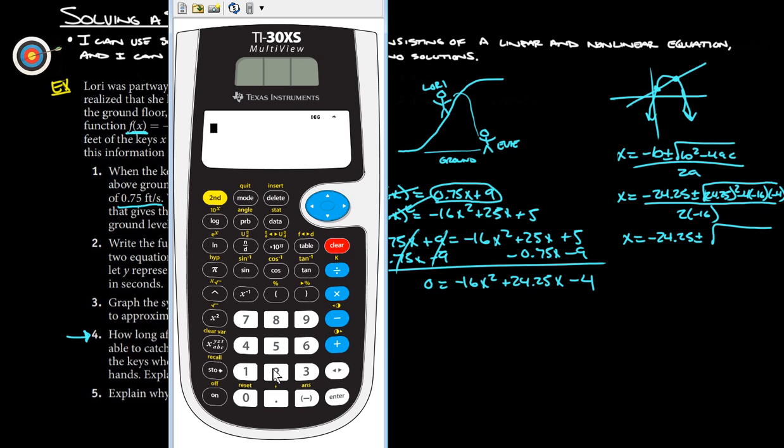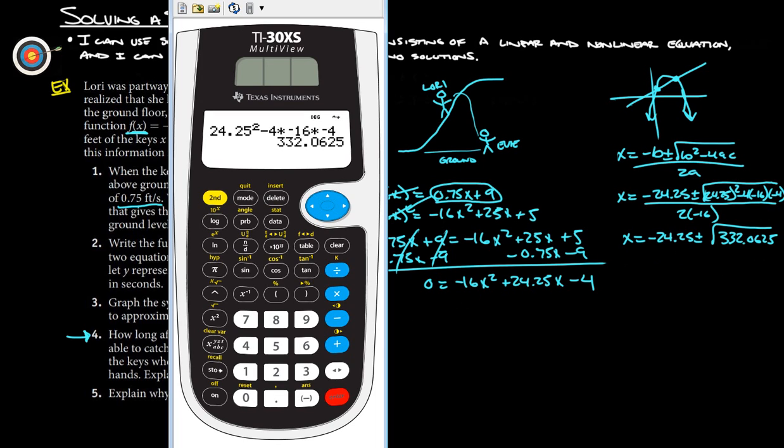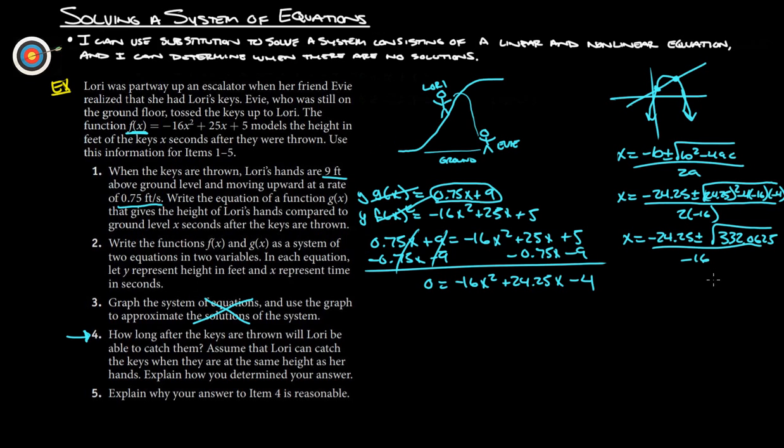So let's do 24.25 squared minus 4 times negative 16 times negative 4, which gives us 332.0625, I think. Is that right? Yeah. All over negative 16.